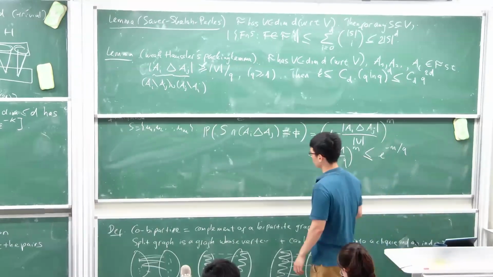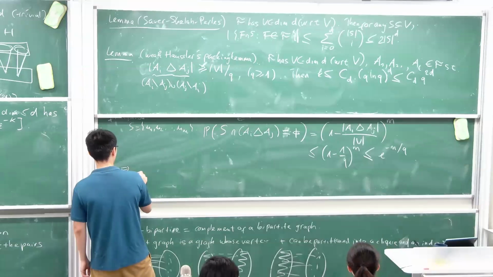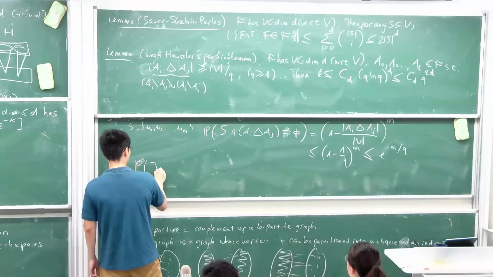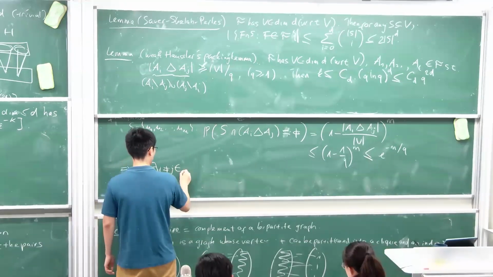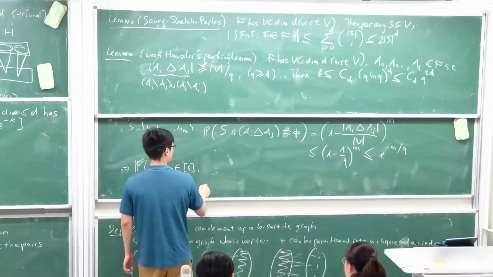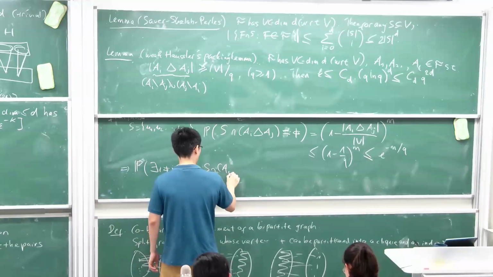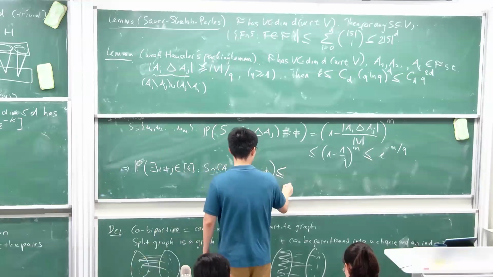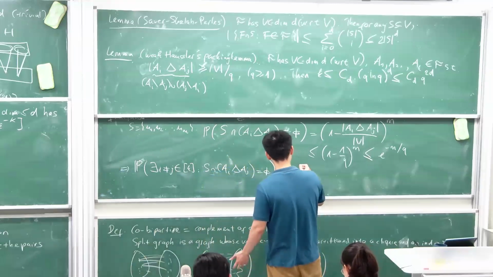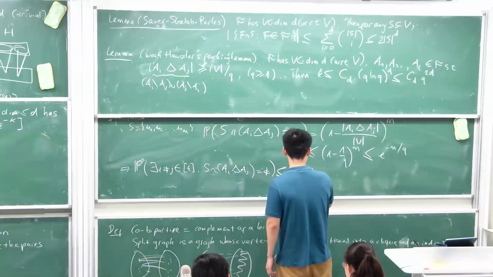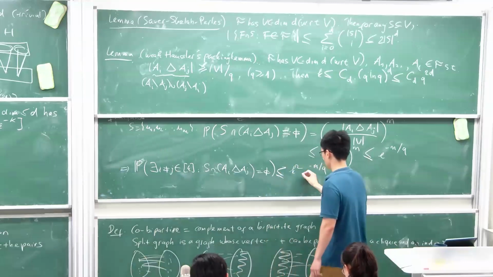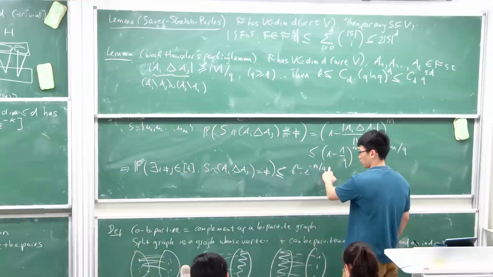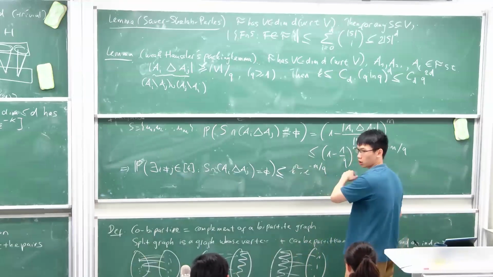Now I'm going to do the union bound. The union bound tells me the probability is at most k squared times e to the minus m over Q. And now I want to choose m such that this quantity is strictly less than 1.